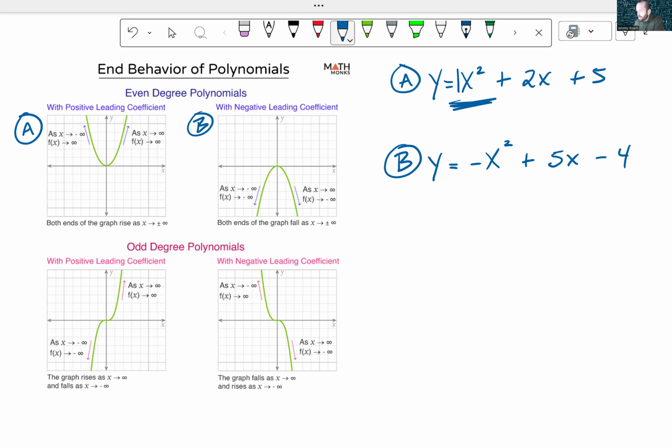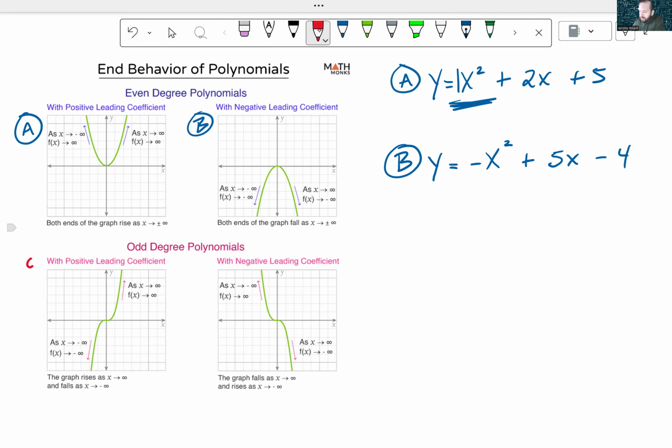So that would be with a negative leading term and an even degree. We're saying that as x gets bigger, y gets smaller. As x gets smaller, y gets smaller. For A, this is saying as x gets bigger, y gets bigger. Or as x approaches infinity, y also approaches infinity. As x approaches negative infinity, y approaches positive infinity.